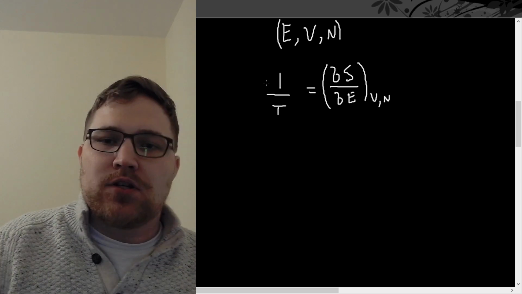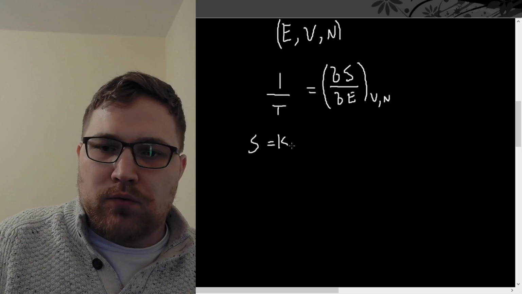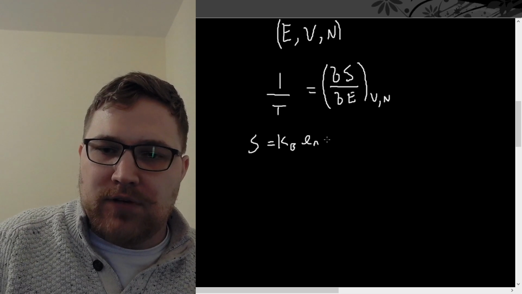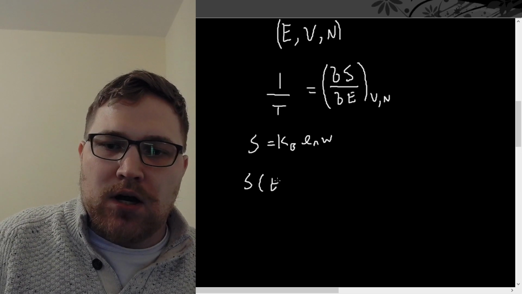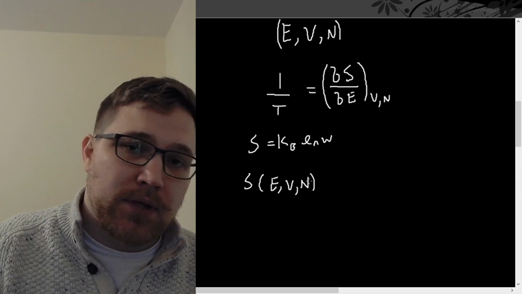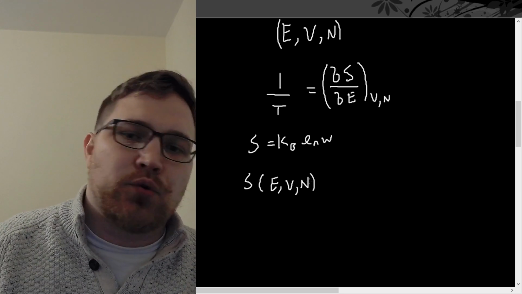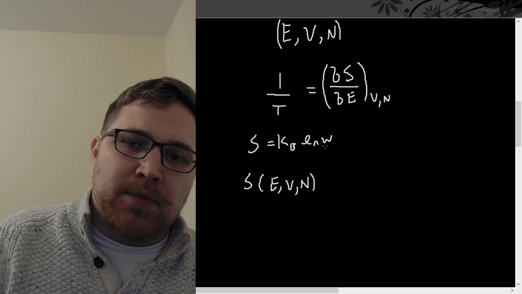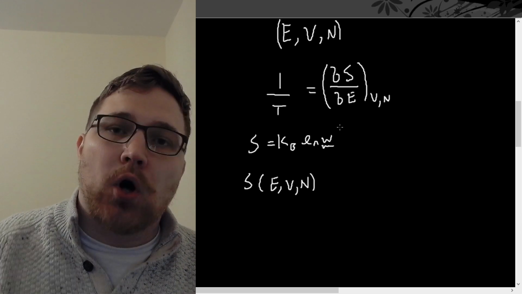So we have this quantity S, which I will write again for convenience. In particular, S is a function of E, V, and N. For most systems that we're going to be interested in, as we increase energy, W, the number of energetically accessible microstates, will also increase.